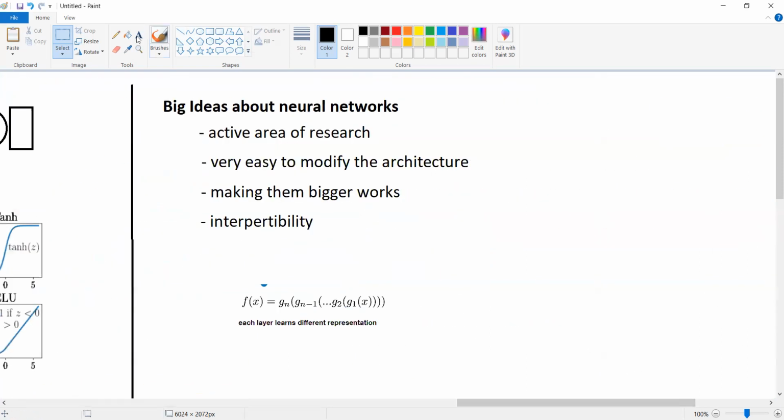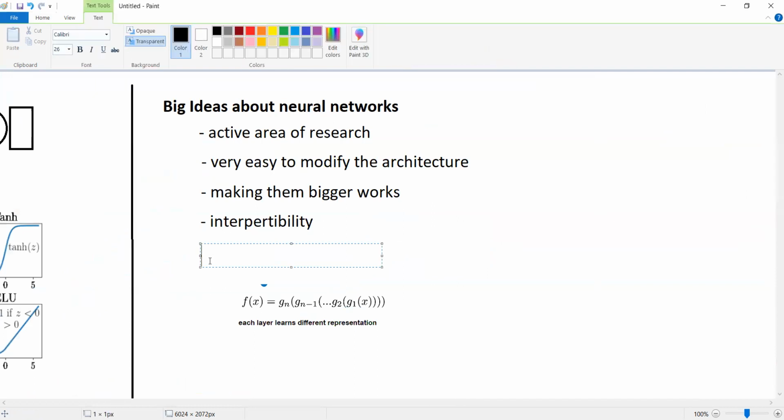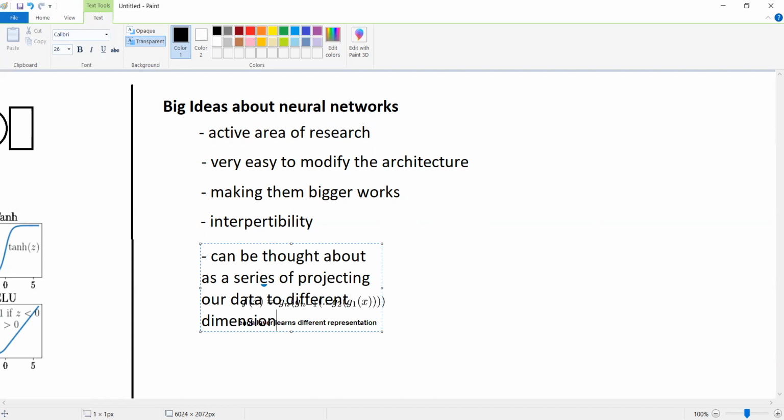I'm writing here, they can be thought of as a series of projecting our data to different dimensions. Very useful, which is very useful for us later on. Okay.